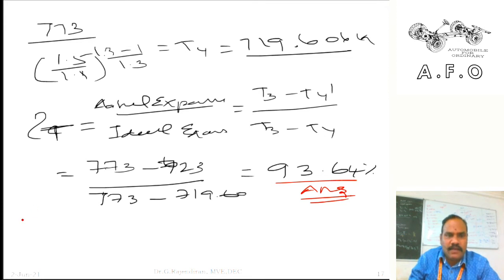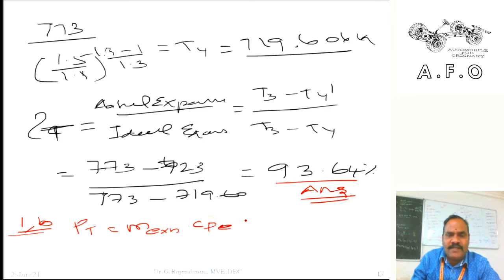Second, case 1B: the power output of the turbine is equal to mass of the exhaust times Cp of the gas times (T3 minus T4 dash).